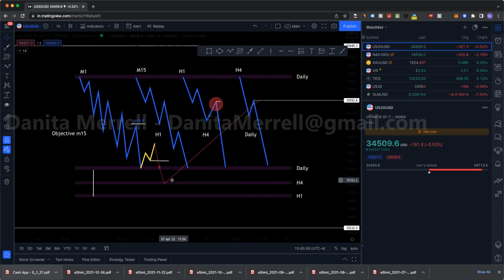Okay, so once we're from H4 to H4, we're going to create some sort of structure on H4, right? Now we have H4 to a H4 level. Okay, now we just need to wait for the H1 BOS.